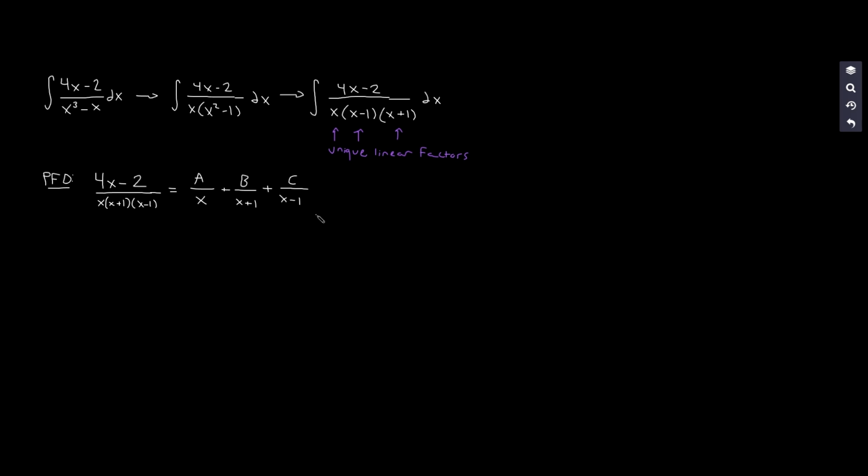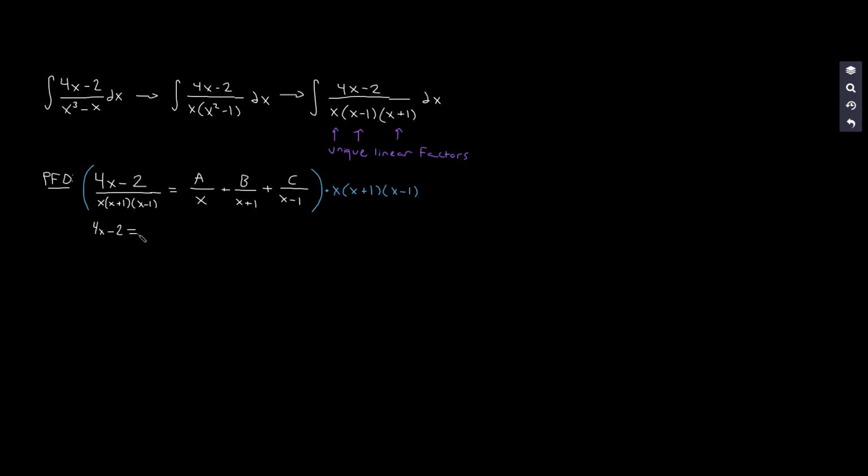Okay, so at this point, what we have to do is multiply both sides by the least common denominator. So I'm just going to throw this in parentheses, and multiply both sides by the LCD. Well, this is going to cancel with this, and we're going to have 4x minus 2. And then over here, that x is going to cancel with this x here.